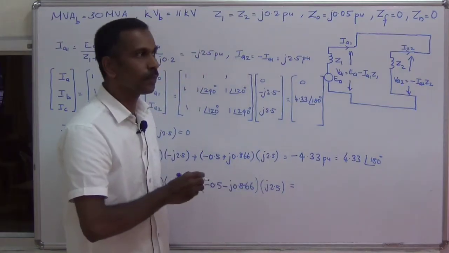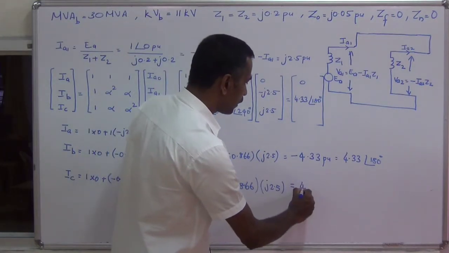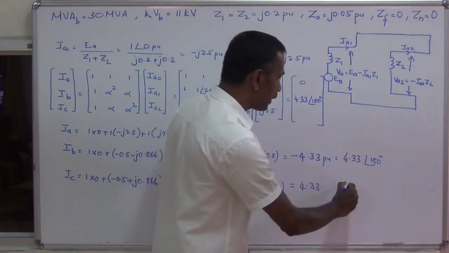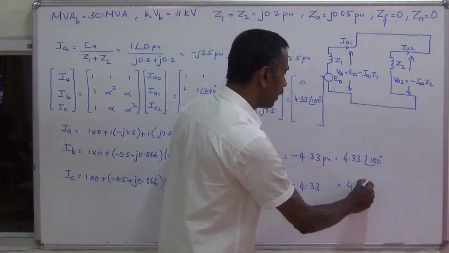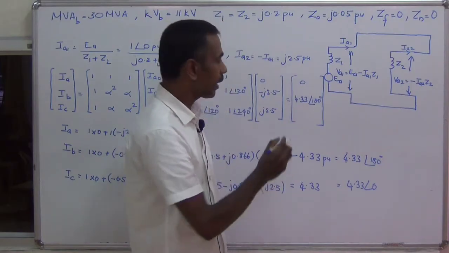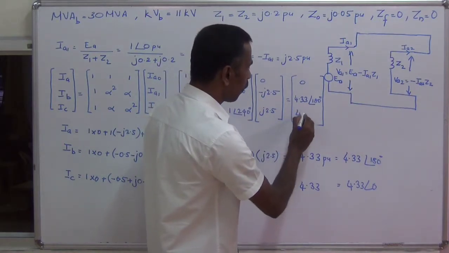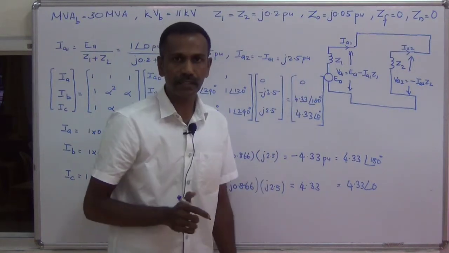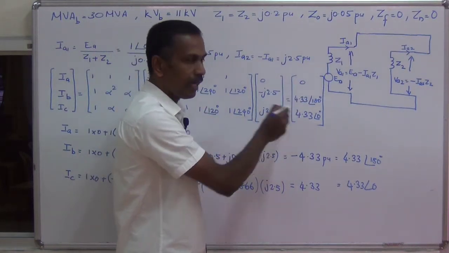And this is equal to 4.33, or we can write this as 4.33 angle 0. So these are the three phase currents, IA, IB and IC.